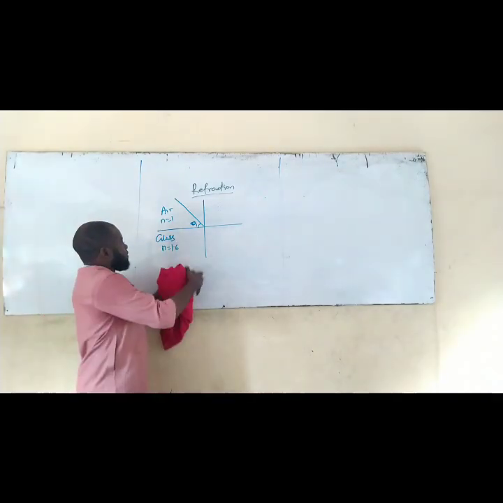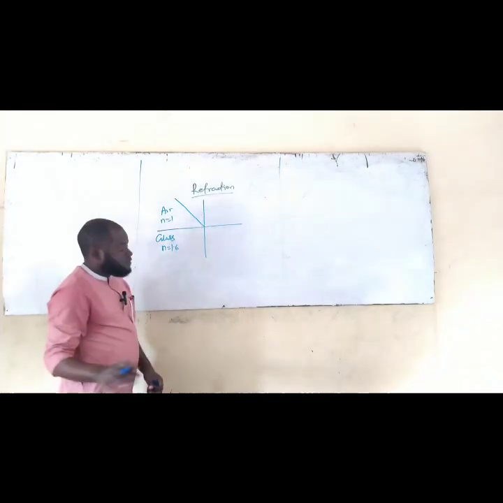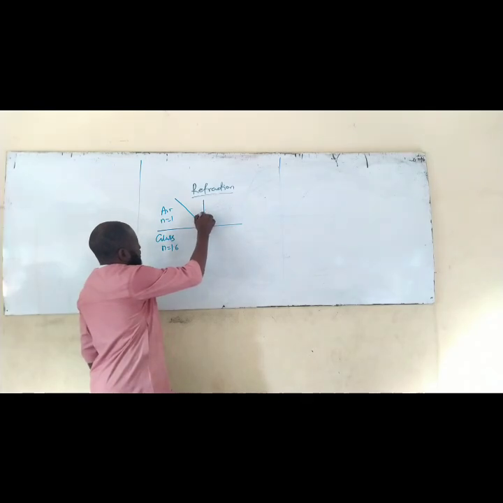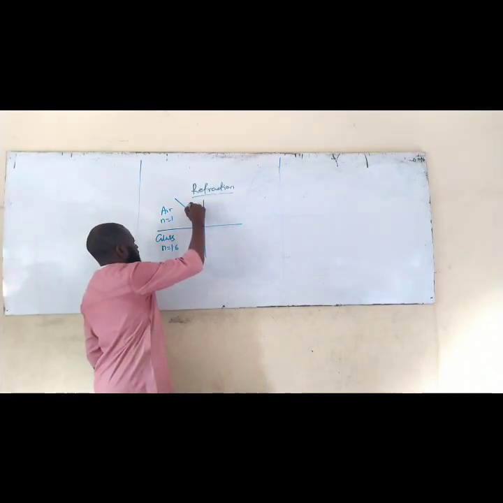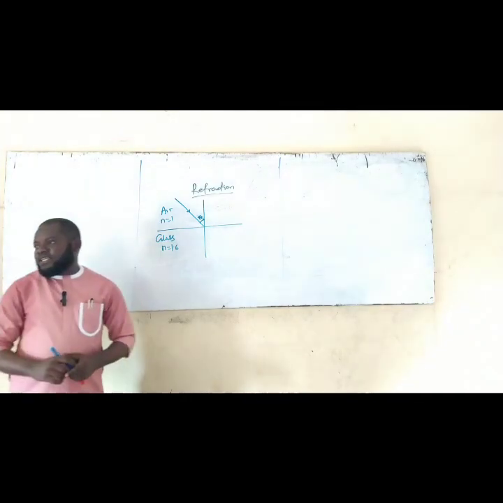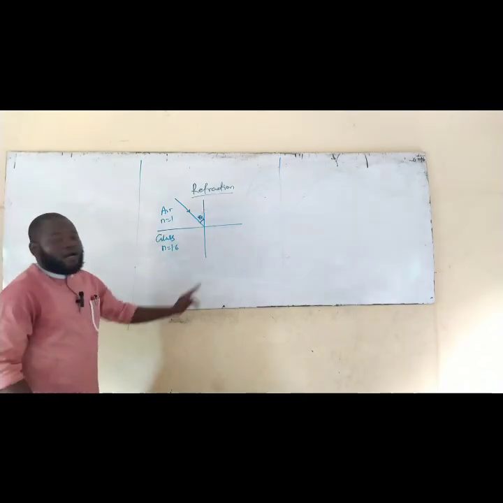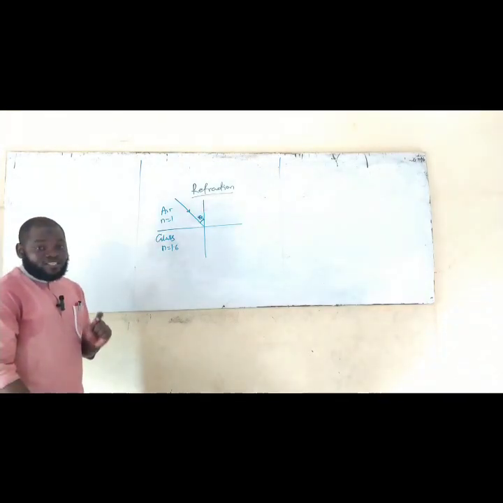Sorry, the angle of incidence is supposed to be measured from the normal. Theta 1, and this is the incident ray. Now there's something you need to get clear here. Listen, before I can continue with the diagram. You know this is the normal. Please note this very well.